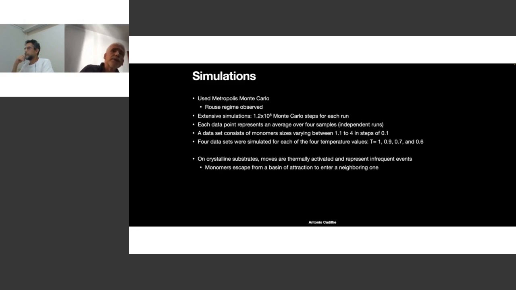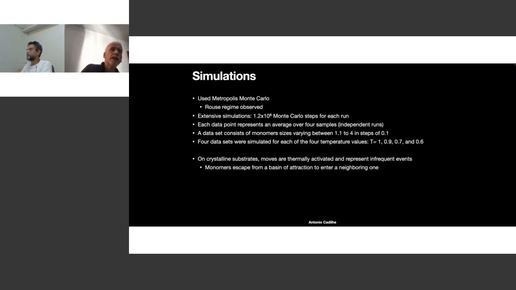But I did very extensive simulations. Each simulation was 120 million Monte Carlo steps. Each data point consisted of 4 of those independent runs, and a data set would consist of varying the size of the monomer relative to the size of the substrate particle between 1.1 and 4 in steps of 0.1, a total of 39 cases.